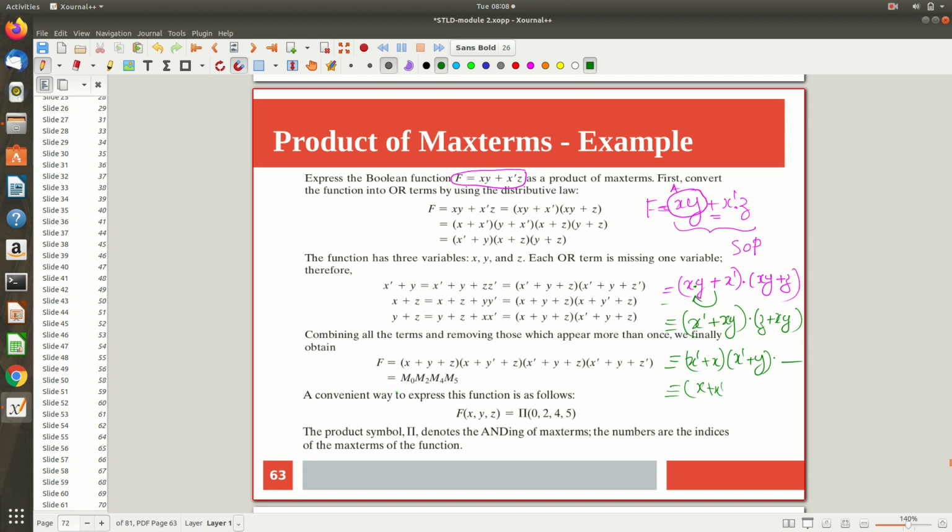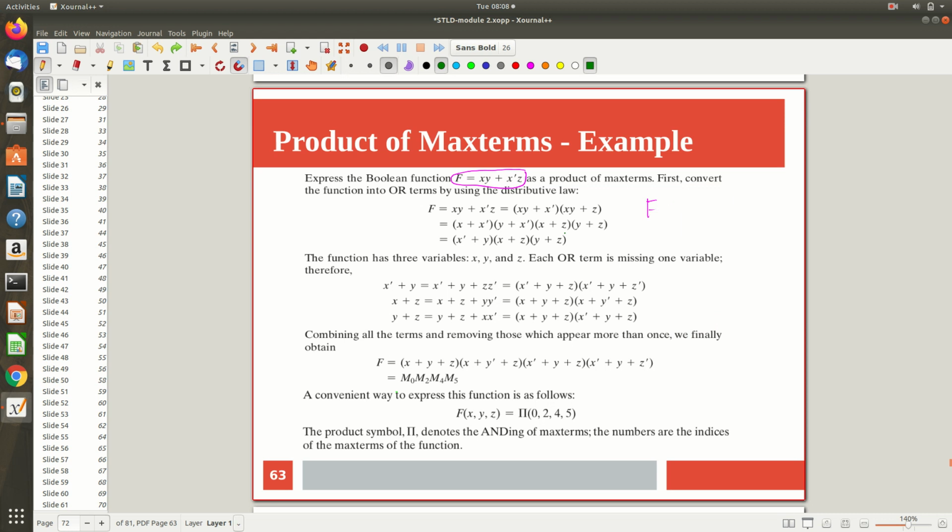So you can see that I am just removing the steps from here, and that is what is shown here. The first level of distributivity is done, the second level of distributivity is done, and you can see that something is repeating. What is x plus x dash?